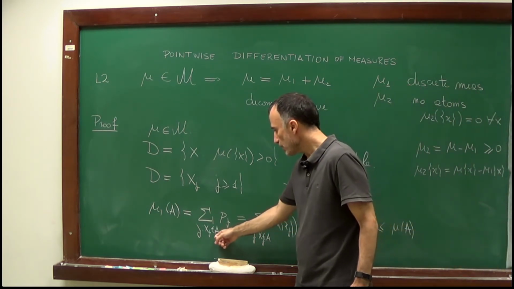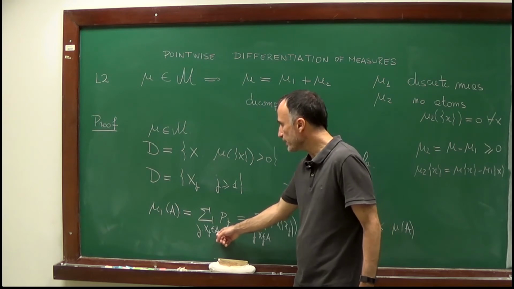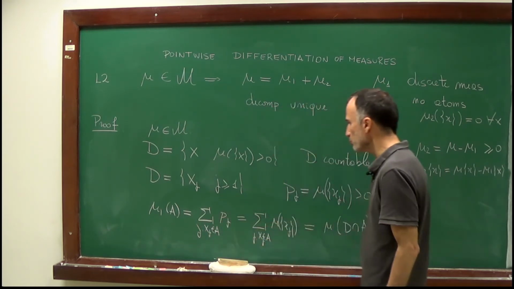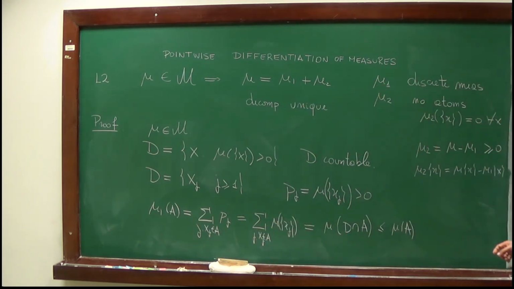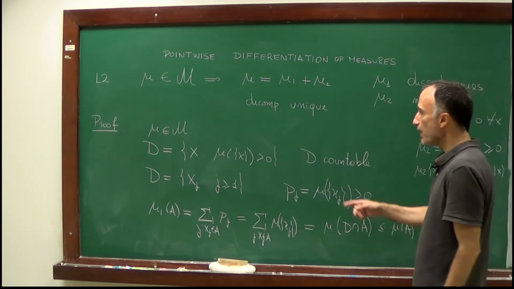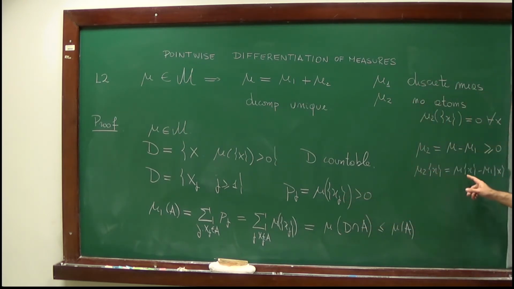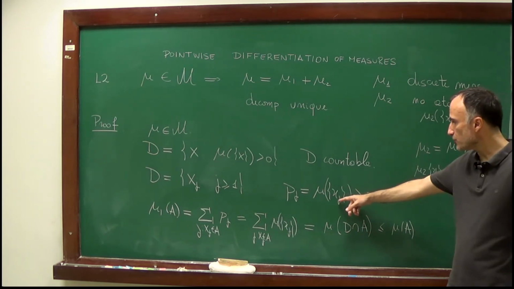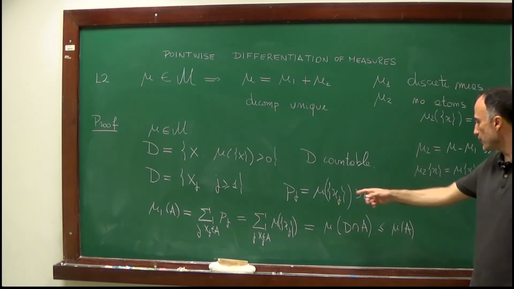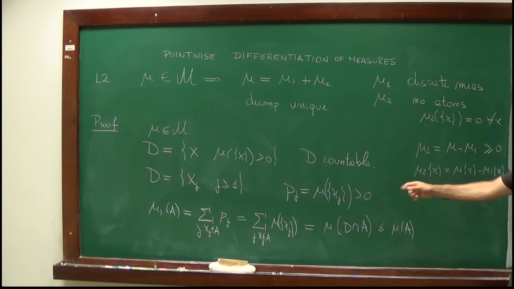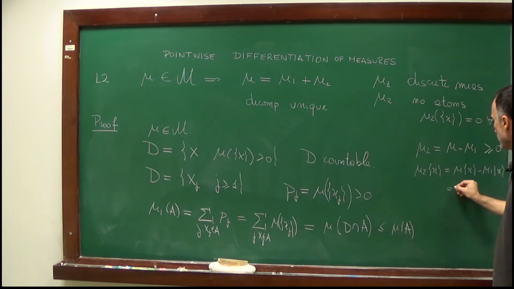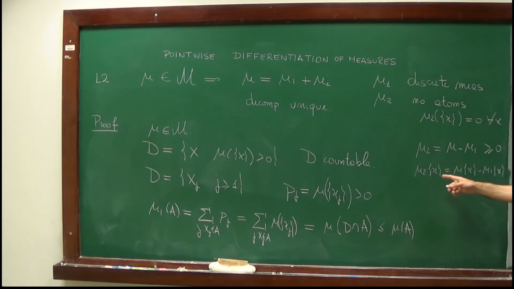Because if I take x outside D, that sum will be an empty sum. On the other hand, if x belongs to D, x will be one of the xj, mu of x will be pj, and mu1 of x will also be pj, so that difference is 0. So this shows that mu2 of x is equal to 0 for any x, which proves that mu2 has no atoms.